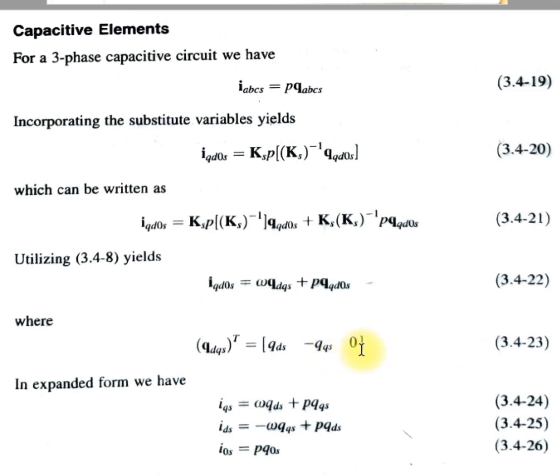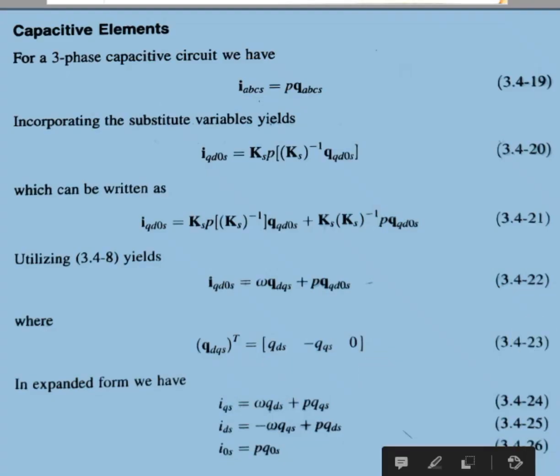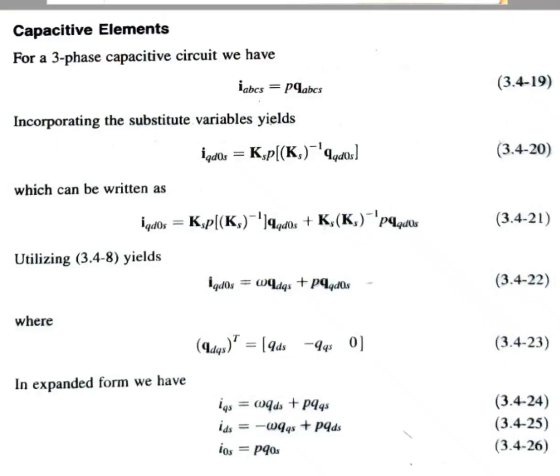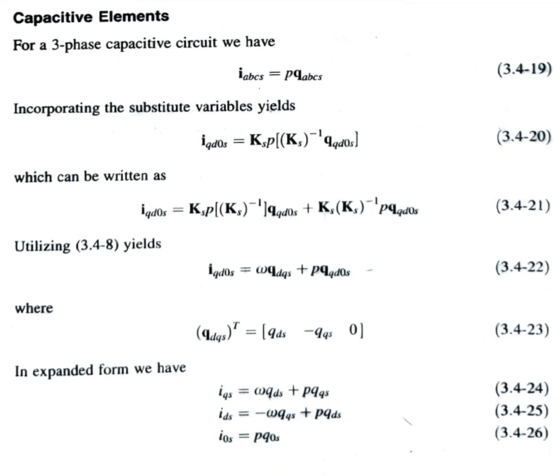So if we expand these equations further, we have I of Qs, which is equal to omega into Q of ds plus P into Q of Qs. Again, I of ds is equal to minus of omega into Q of Qs plus P into Q of ds, and I of 0s is equal to P into Q of 0s.